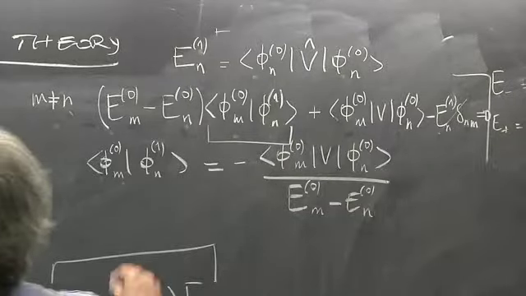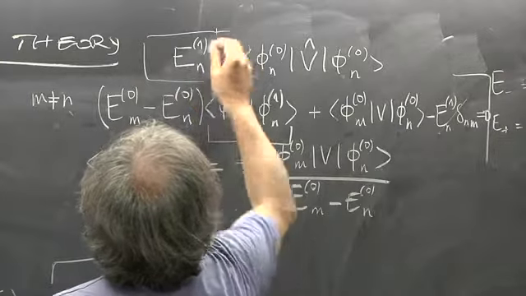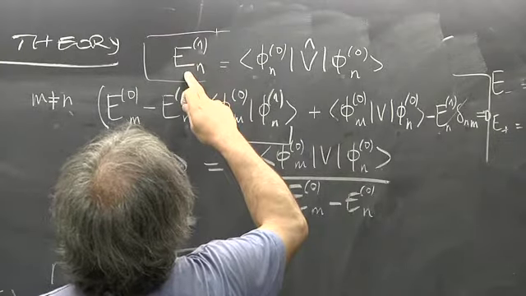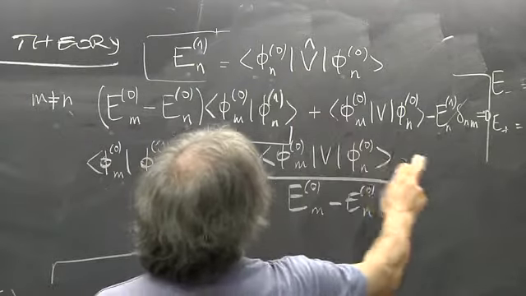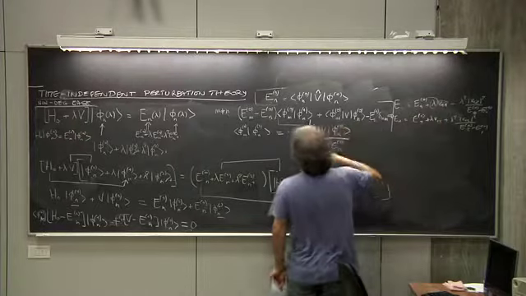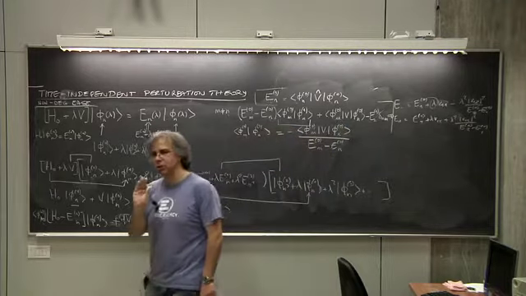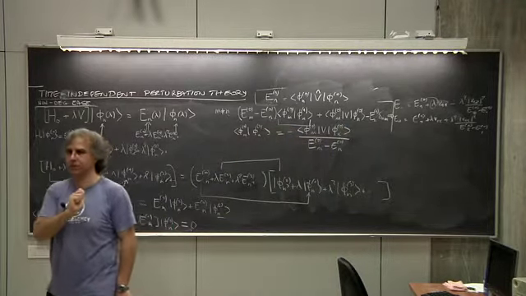So these are our first order perturbation theory results. It tells me what the new shift in energy is. It's just the diagonal element of the perturbation as predicted here. And it adds a little bit more. It tells me also the correction to the eigenvector, okay?